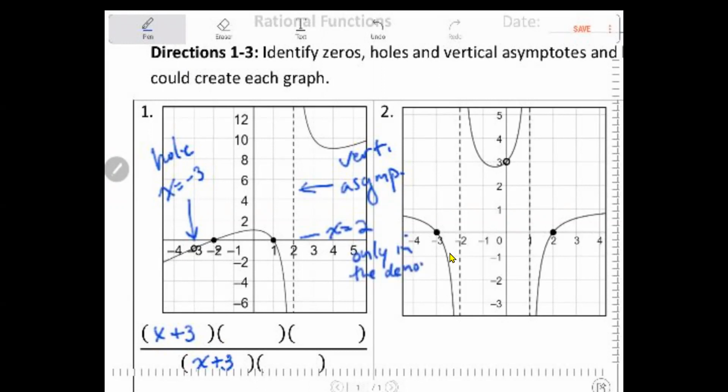So we're not going to write it in the numerator and the denominator. We would expect to see an expression x minus 2 in the denominator, so we're going to write that down here, x minus 2.